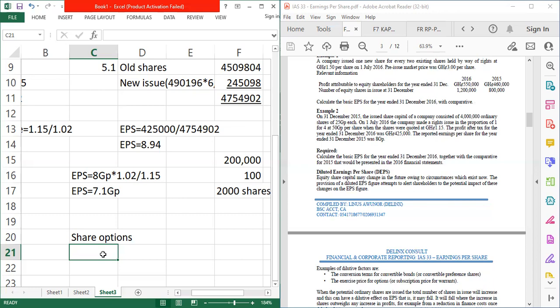They can decide to exercise their right, or they can decide not to take it. But they can only take it when the share price is favorable to them. So the share options are always given at a price below the market value.